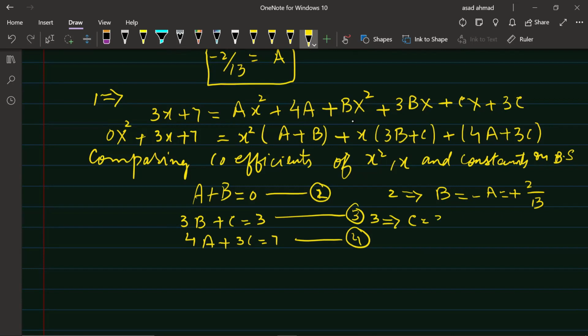That is c is equal to 3 minus 3b. So the value of b, just calculated above, b will be 2 over 13.